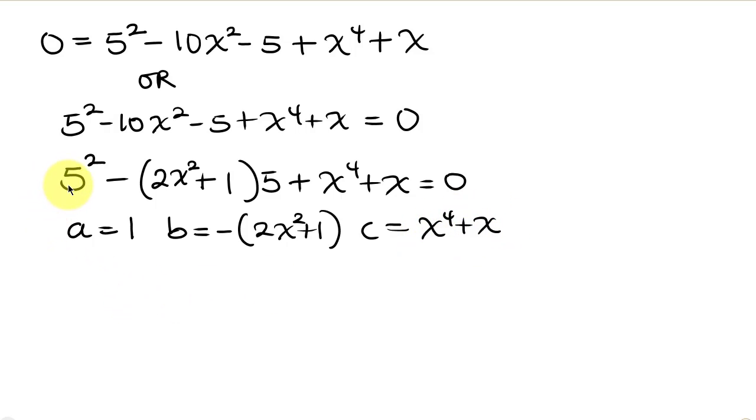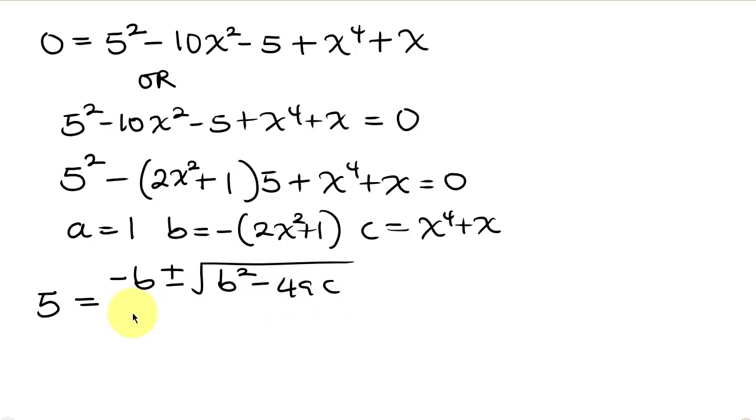And since we have a quadratic equation in terms of 5, that means our quadratic formula will be 5 equal to negative b plus or minus the square root of b squared minus 4ac all over 2a. So now let's substitute this into our quadratic formula to solve.